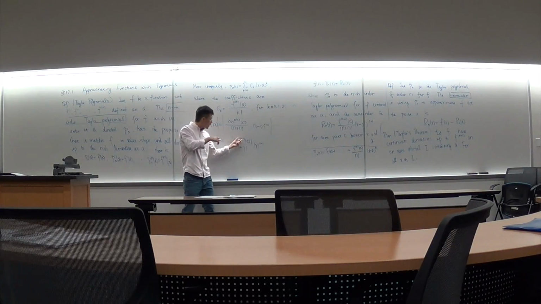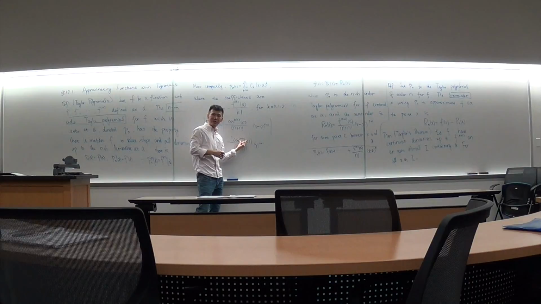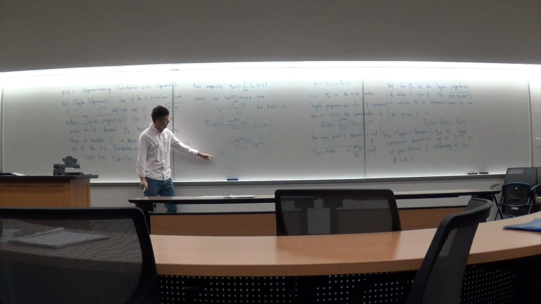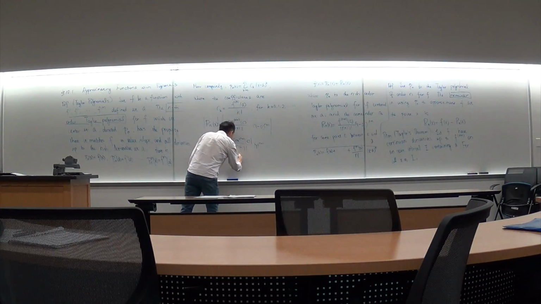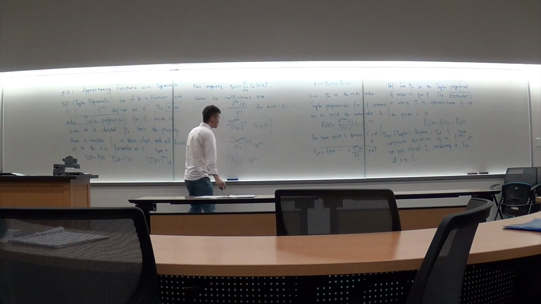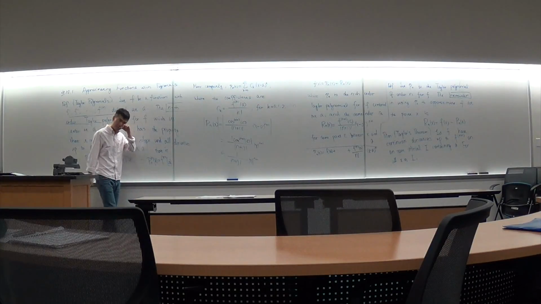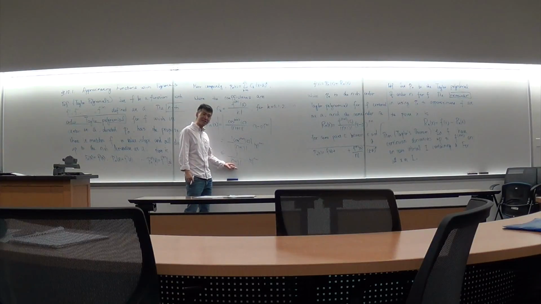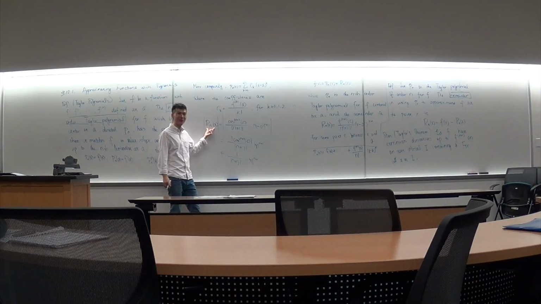So now we got an inequality, and that's a very good inequality: 1 over n plus 1 factorial, times the absolute value of x to that power. That's a bound for the magnitude of this remainder.